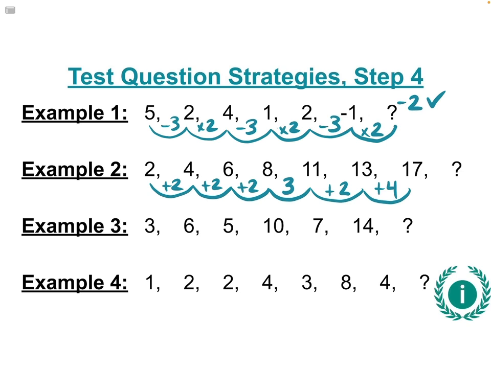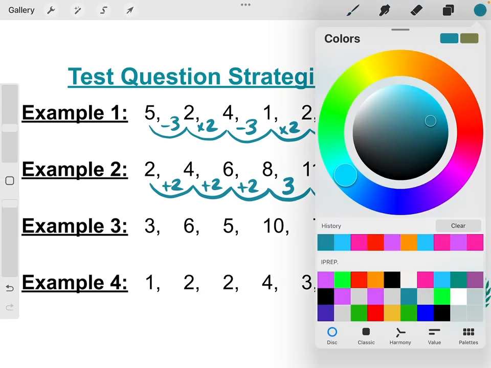It seems like we might be alternating between an arithmetic pattern of +2 every other time and a gradual change pattern, 2, 3, 4. So we're increasing the difference by +1 each time. So to find the next number in our series, we have the gradual change, and I'll actually change colors for this.